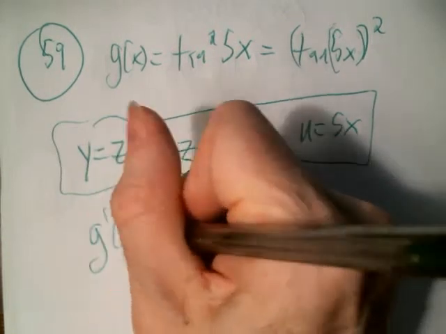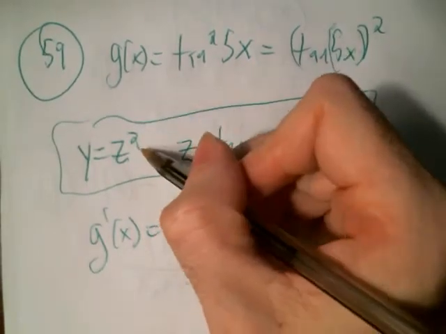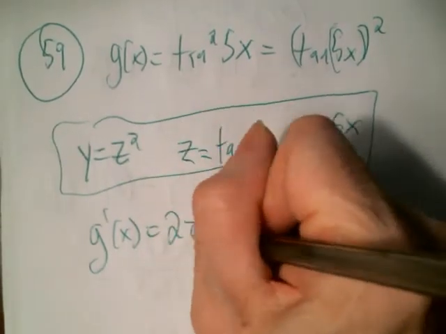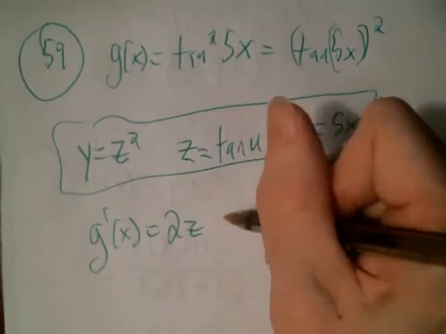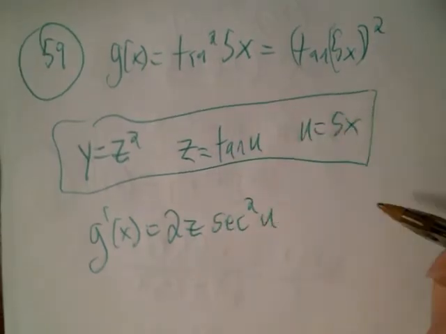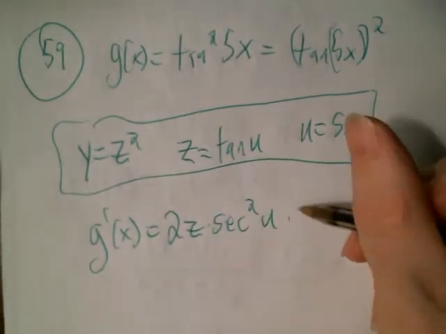So anyways, g prime of x will be the derivative of z squared, which is 2z. The derivative of tan u is secant squared u. And then the derivative of 5x is just 5.